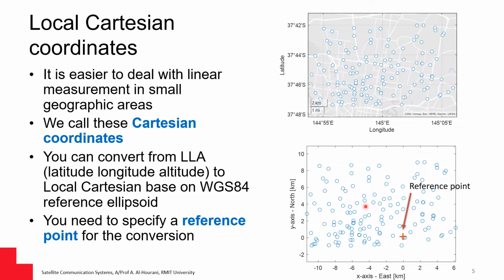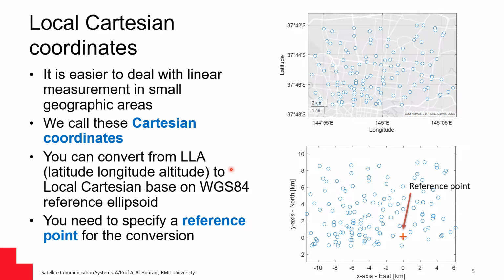However, in order to do this conversion, you need a reference point. So I provided here a reference point, and then all these circles are referenced towards this point. And you see here the reference point has coordinates of 0, 0. Now it's worth mentioning that the y-axis in this particular conversion is aligned with the north direction, and the x-axis is aligned with the east direction.